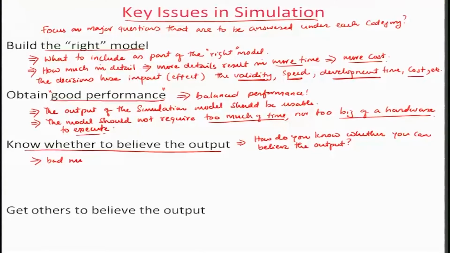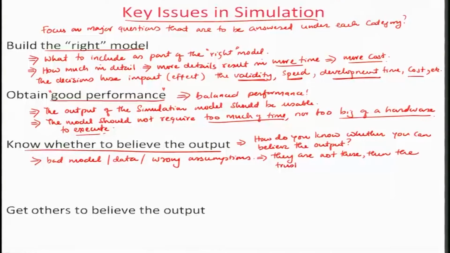bad model or bad data or wrong assumptions. So, these are the major aspects. Bad model or bad data or wrong assumptions is one aspect that you need to focus on. If they are not there, then the trustability increases, and this is true for other things as well.